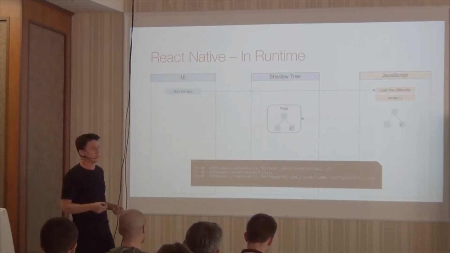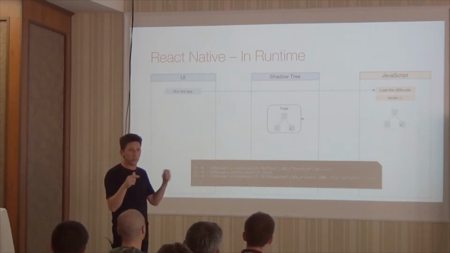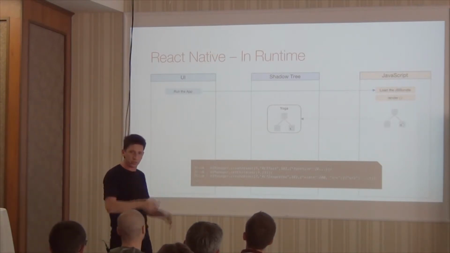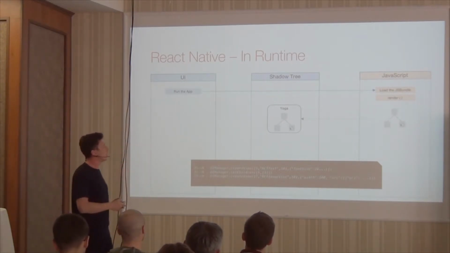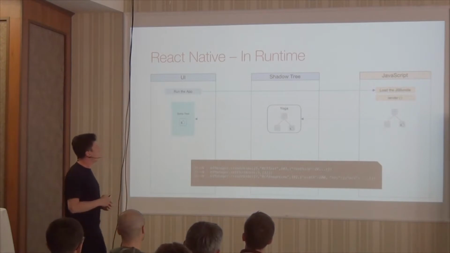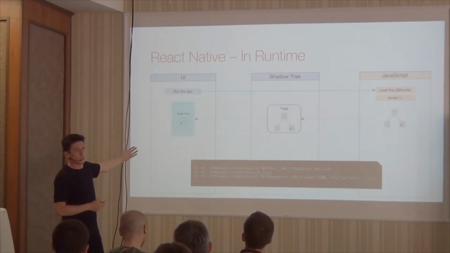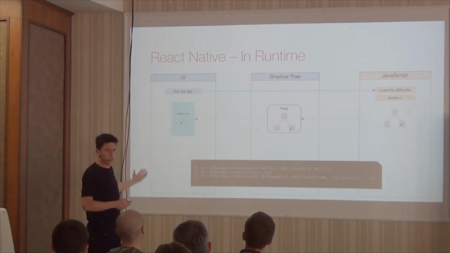It's responsible to measure the screen and put the views on the right spot on the screen. It's an open source library by Facebook as well. And eventually we will render our virtual DOM on the screen.